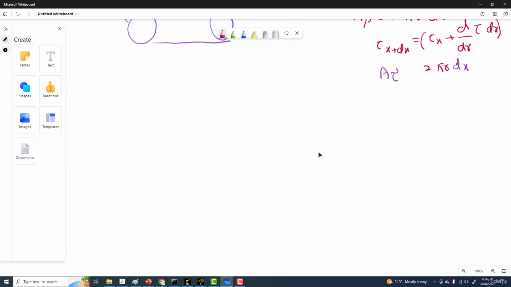Now I will apply the force summation, and this should be equal to 0. For the pressure force, we have 2 pi r dr, this is the area, into P, at the location x, in the positive direction.